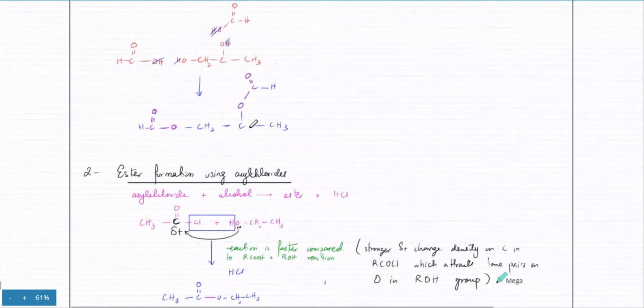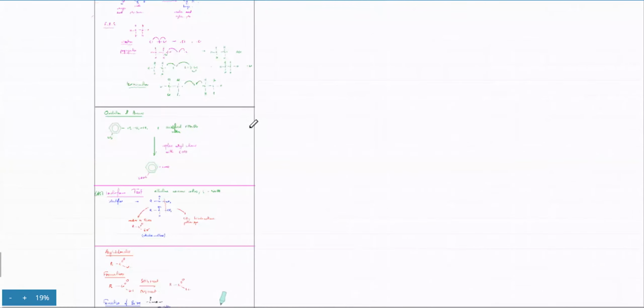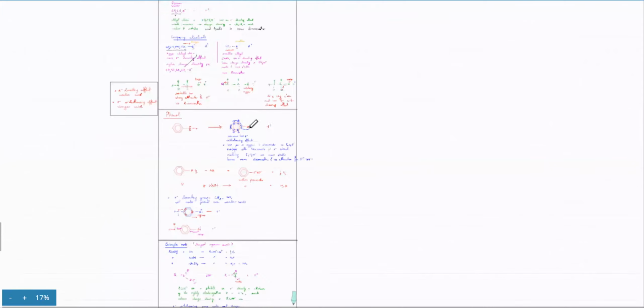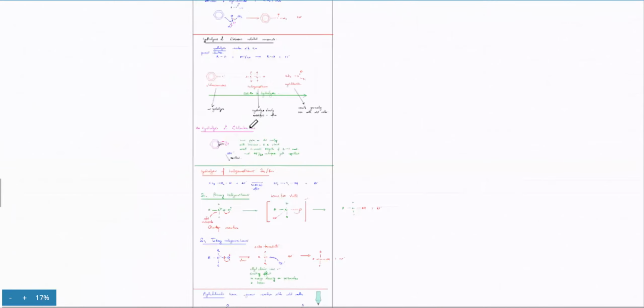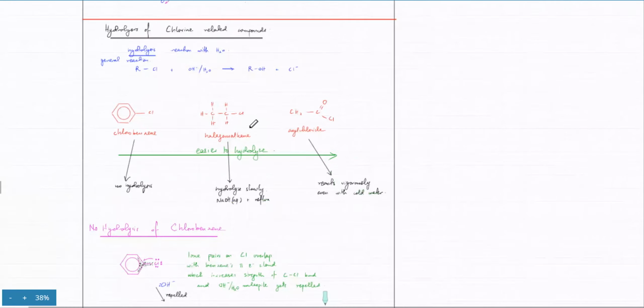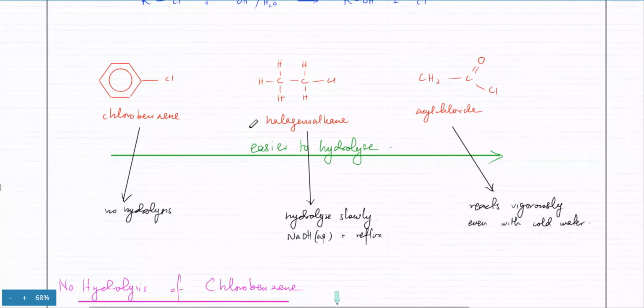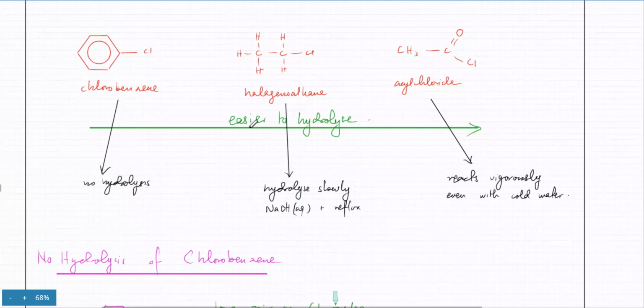Yes, sir. Yes, sir. We did acyl chlorides earlier when we were doing the comparison of hydrolysis. In that comparison of three different chlorine-related compounds, we saw the same exact thing: because of the positive carbon atom, acyl chlorides had a very strong positive charge, so the hydrolysis was much more vigorous.